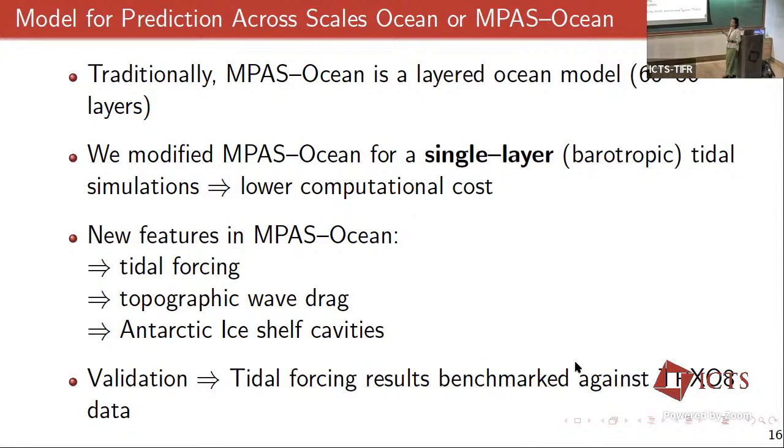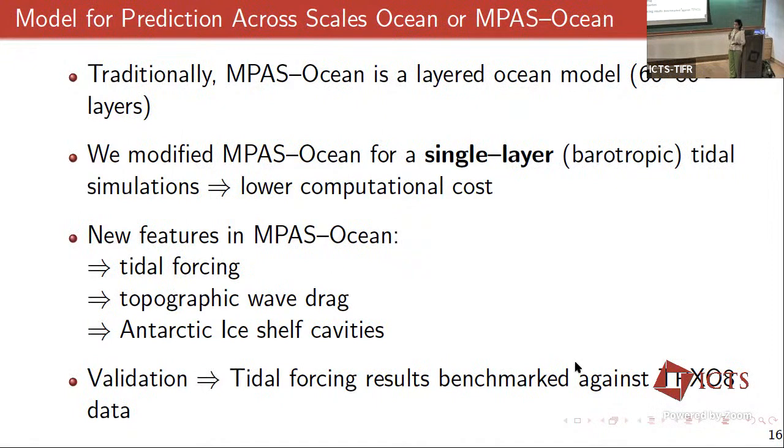So what are the salient features of this model? Traditionally, MPAS-Ocean is a layered ocean model. It has 60 to 80 layers. We modified MPAS-Ocean to form a single layer model, that is, a barotropic model. Why did we do that? To lower the computational cost.